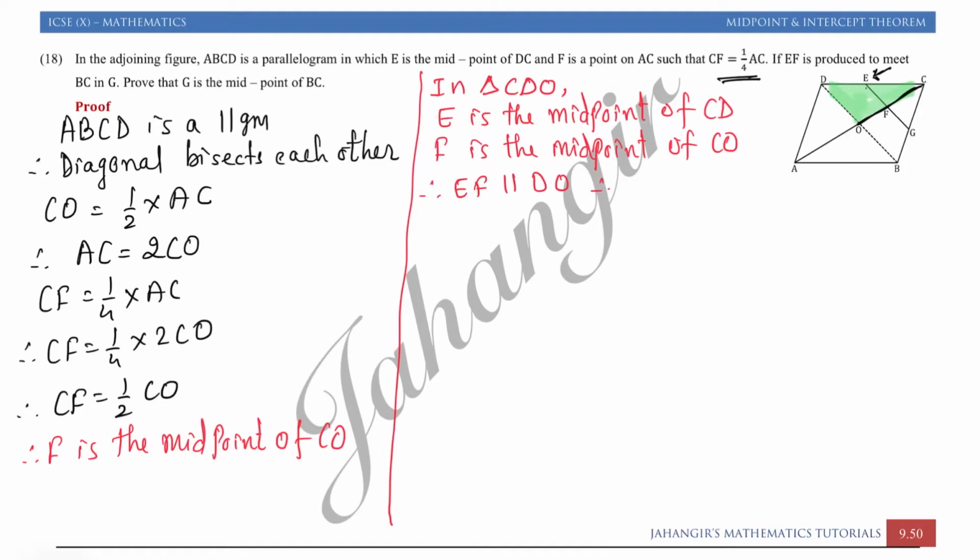So if EF is parallel to DO, then we can even say EG is parallel to DB by midpoint theorem, MPT. Now we will consider some other triangle to prove G is the midpoint.